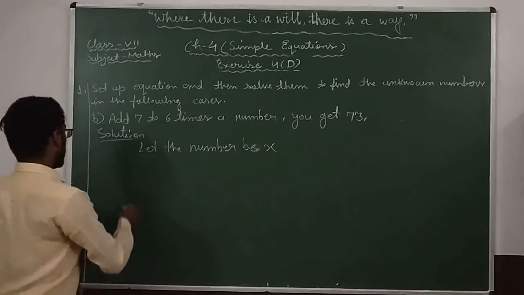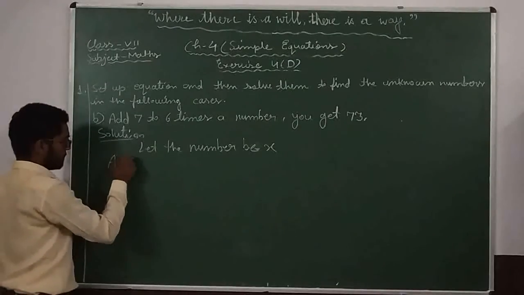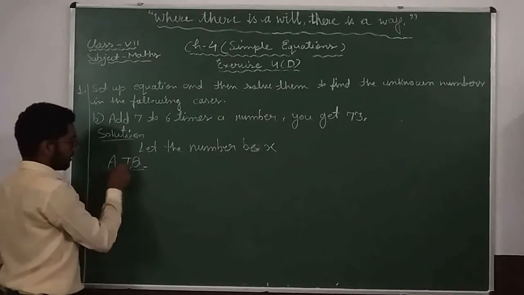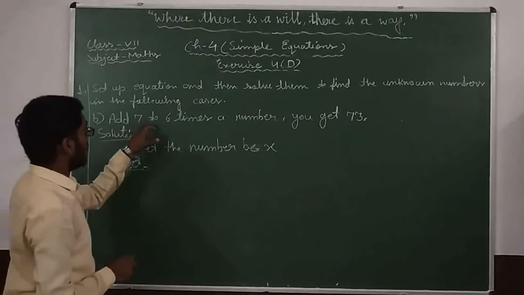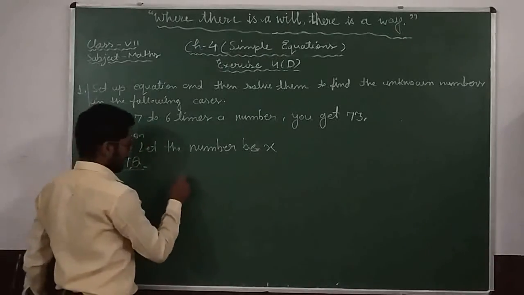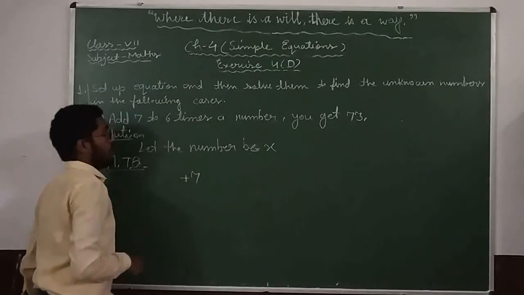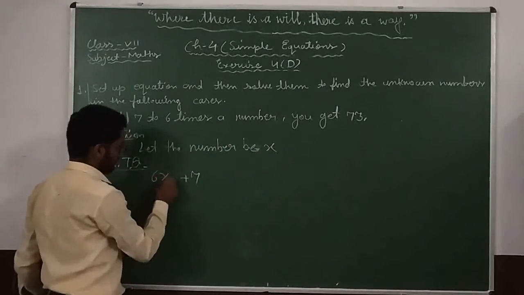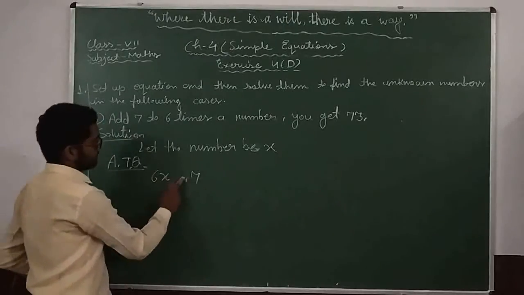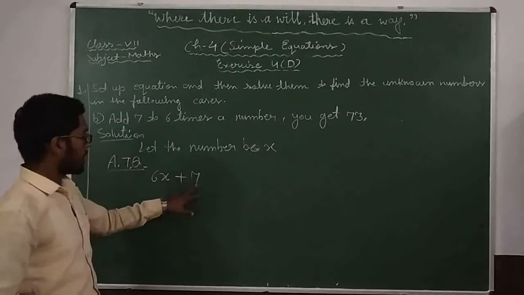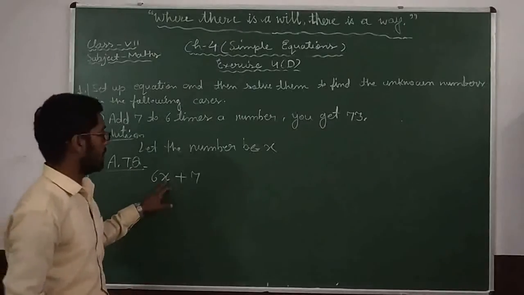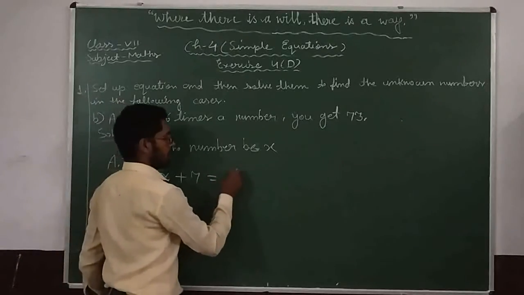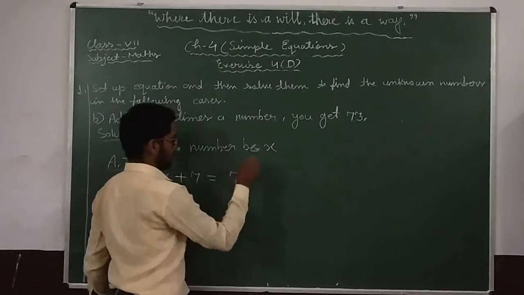Okay. So now, according to your question, add 7 to 6 times a number, you get 73.